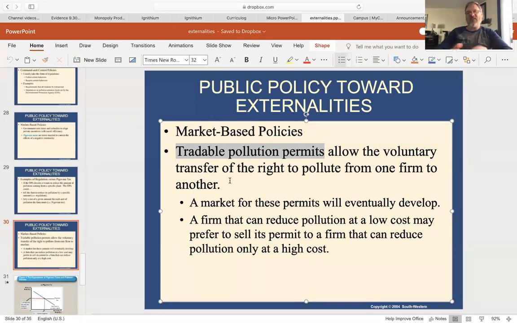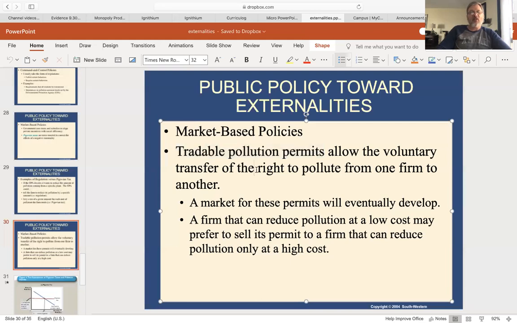So if the government says it's safe to have 40,000 tons of sulfur dioxide, a common air pollutant associated with oil production, emitted safely in a year, then they will come up with certificates that say this certificate is good for emitting 1 ton of sulfur dioxide. So you'd have 40,000 of these certificates, and they're called pollution permits.